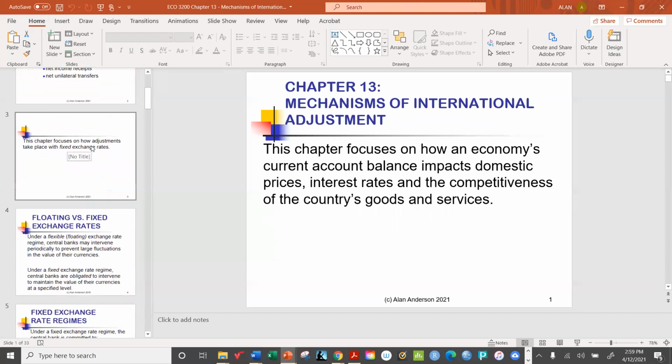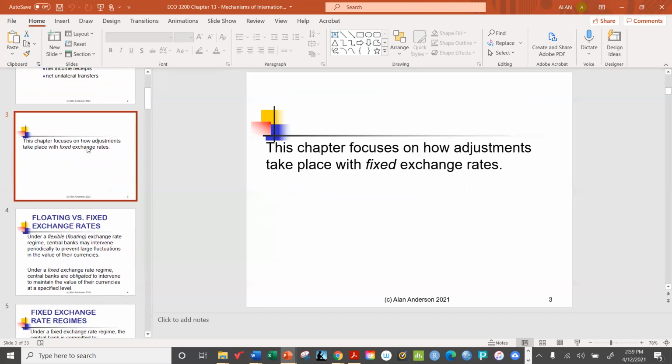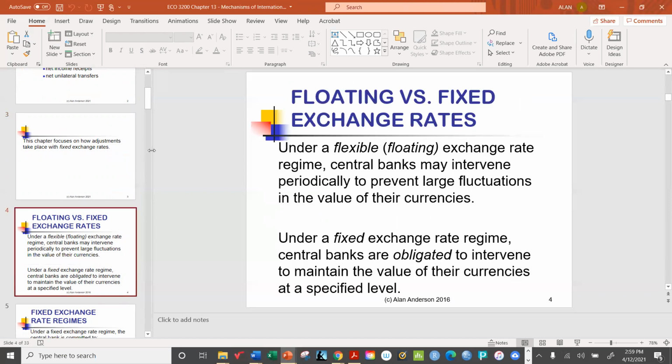Because there have been different types of exchange rate systems that have been used through time, some of which we're using now and some of which we're not. So, for example, exchange rates, for the most part, fall into one of two basic categories.